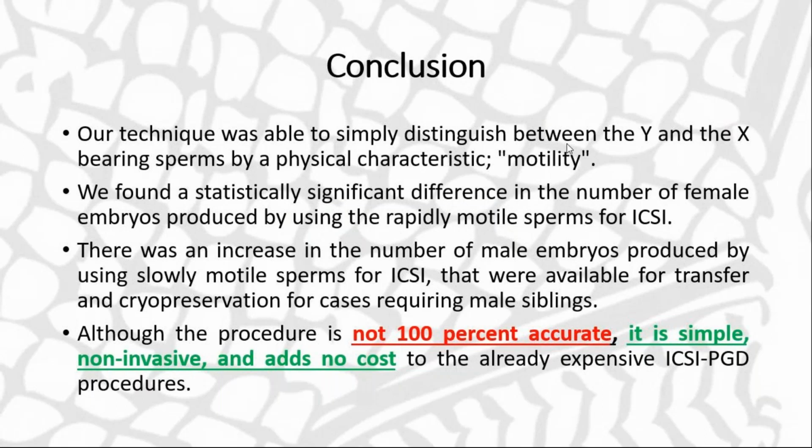There was an increase in the number of male embryos produced by using the slowly motile sperms for ICSI that were available for transfer and cryopreservation in cases requiring male embryos. Although this procedure is not 100% accurate, it's still simple, non-invasive, and adds no cost to the already expensive XCPGD procedures. Next.